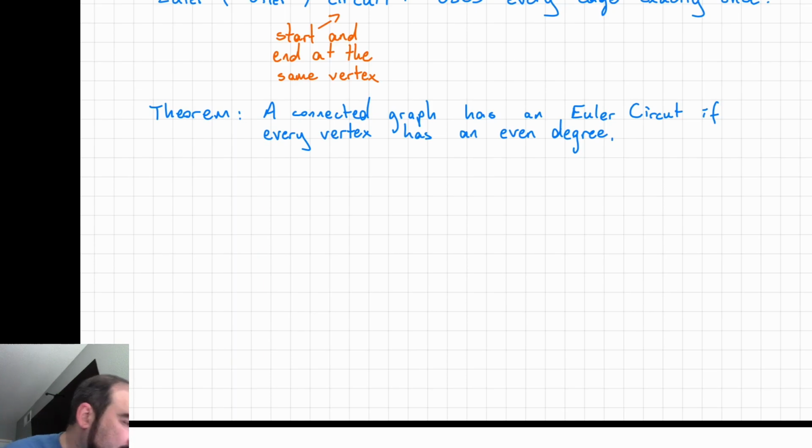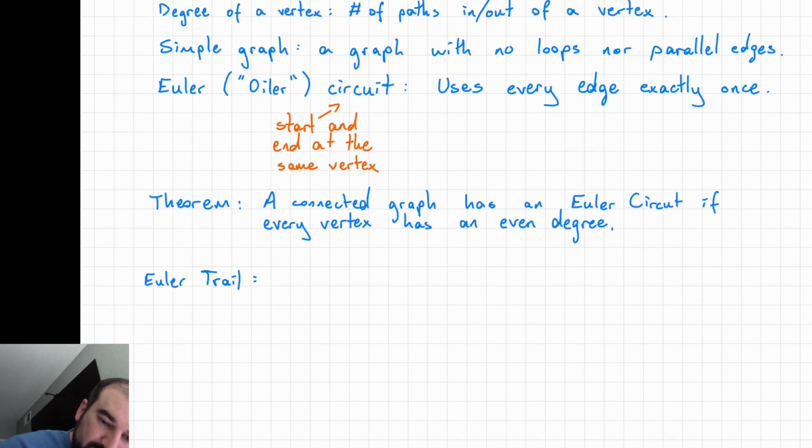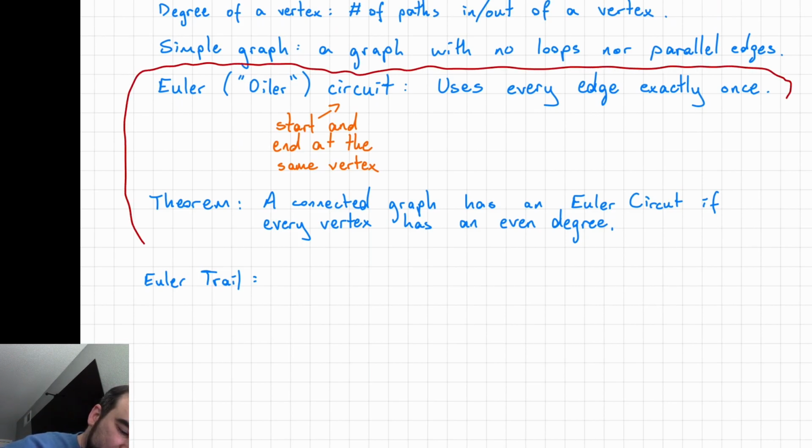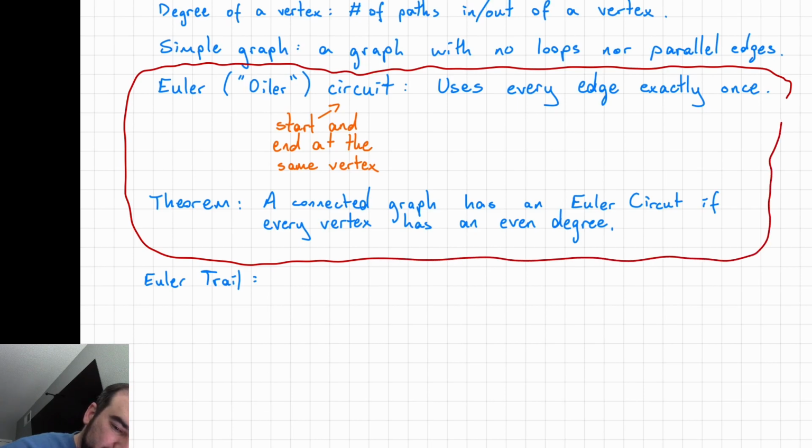Okay, next thing we're going to define is an Euler trail. So let me actually put a box around these, because these are together with the definition of an Euler circuit and the theorem for when there is an Euler circuit. And then we'll do the same thing for an Euler trail.